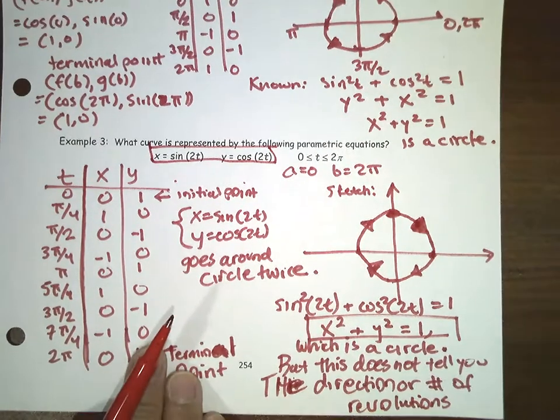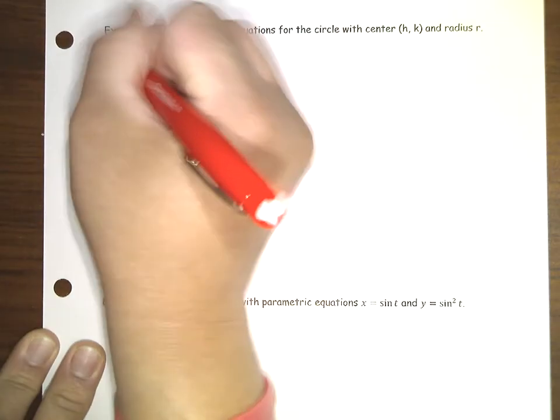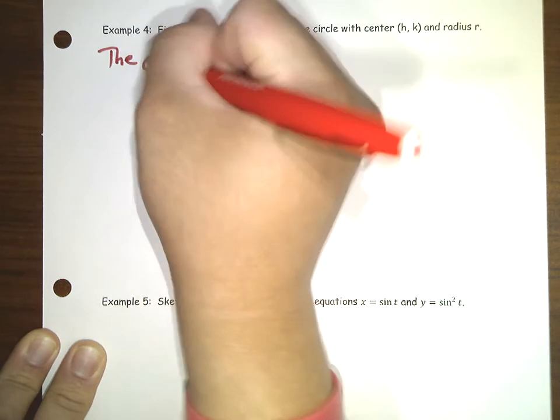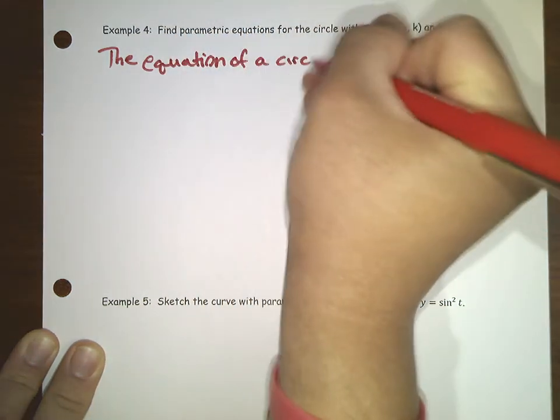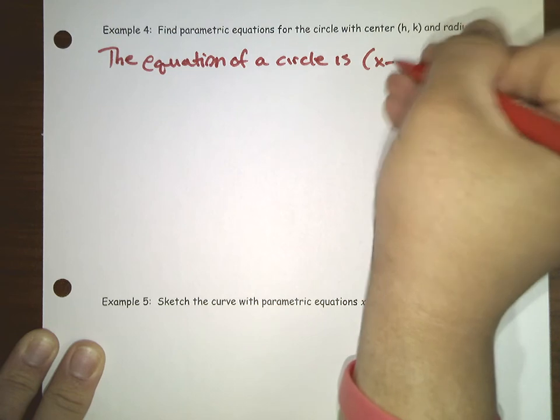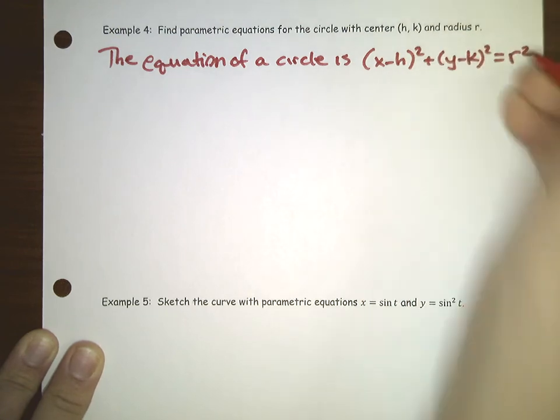All right, so now let's try another one here. Let's try to find parametric equations for the circle with a center of (h, k) and a radius of r. The equation of a circle is (x minus h) squared plus (y minus k) squared is r squared.